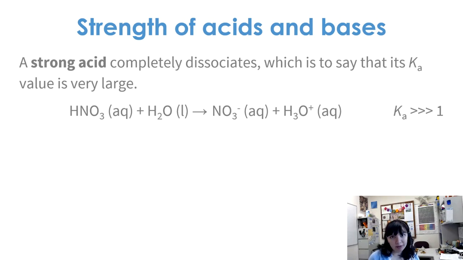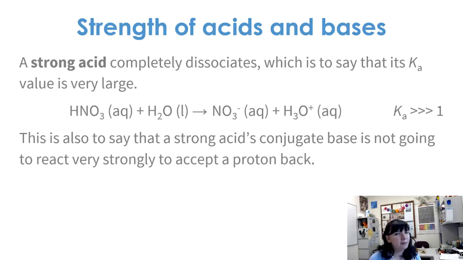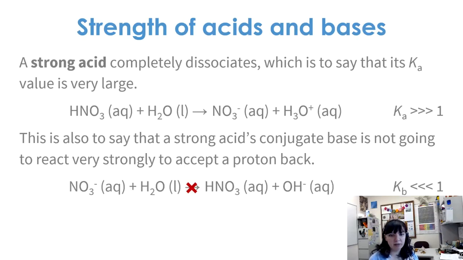Now, in this equilibrium, we still define nitrate as, say, the conjugate base of our acid, nitric acid, but that nitrate is not necessarily a super effective conjugate base. What I mean by that is, the idea is that this base that's produced here could in fact react with water to then form its conjugate acid and some hydroxide.